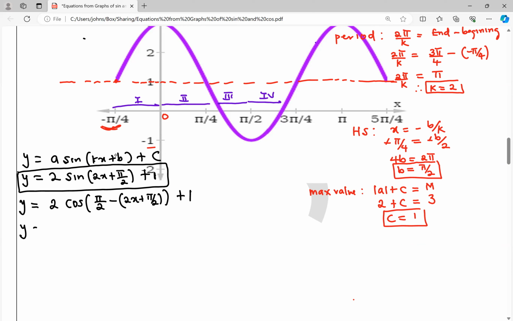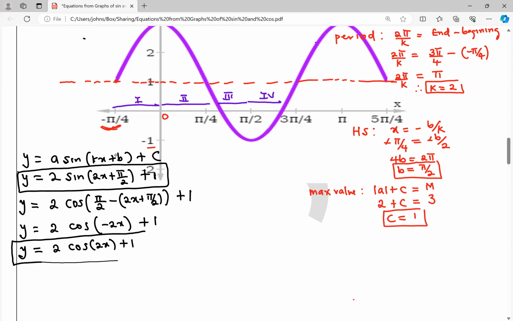So this is still going to be 2 cosine. Now, if you look inside here, if you take this minus out, pi over 2 will cancel pi over 2. So we're just left with cosine of minus 2x, plus 1. But we know that cosine is even. So the minus will not survive. So you just have 2 cosine of 2x plus 1. Okay.